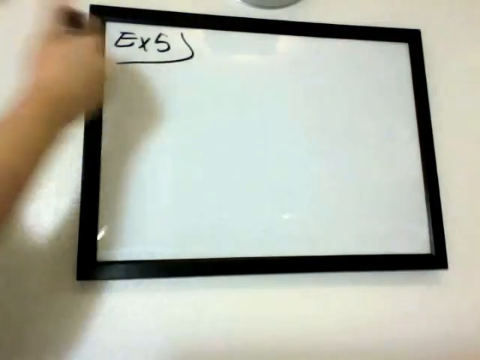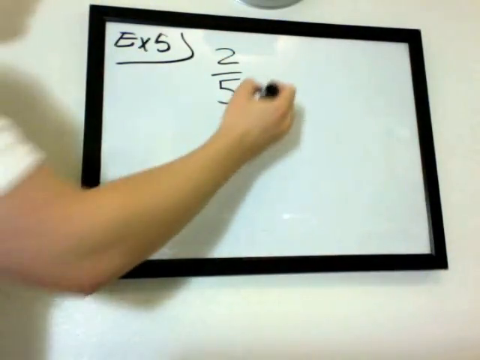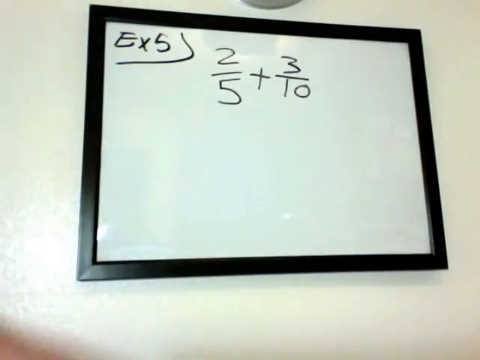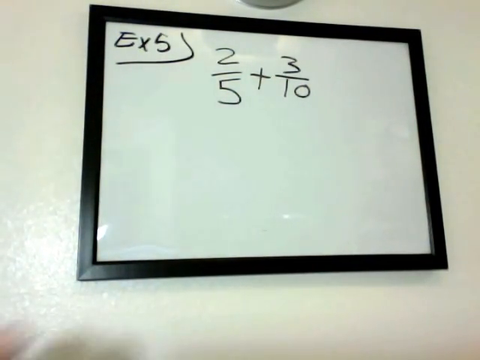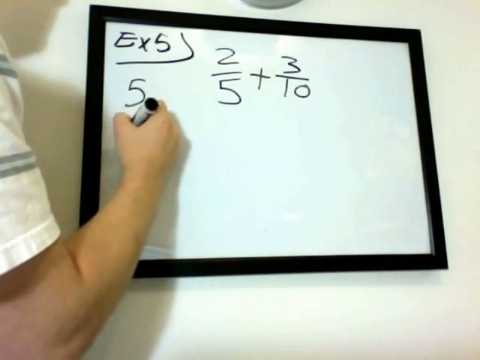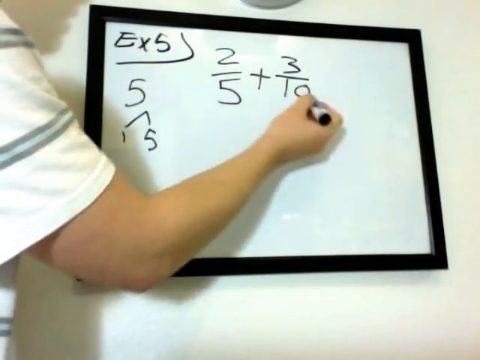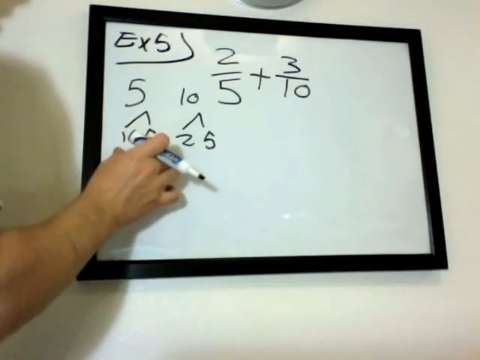Okay, example 5. Say we have 2/5 plus 3/10. Okay, the denominators are not the same, so we have to find the least common denominator. We know how to do that by breaking these denominators into factoring trees. We know 1 and 5, 10. We know 2 and 5.